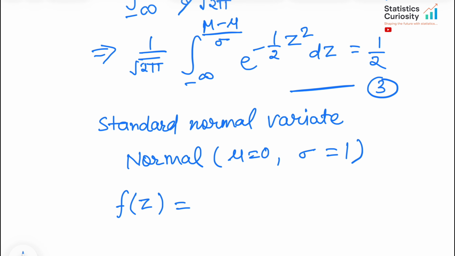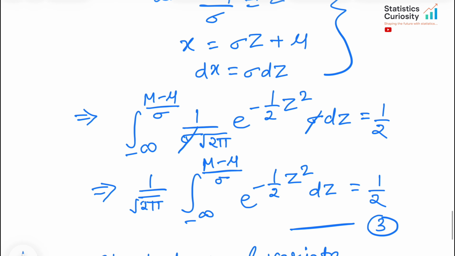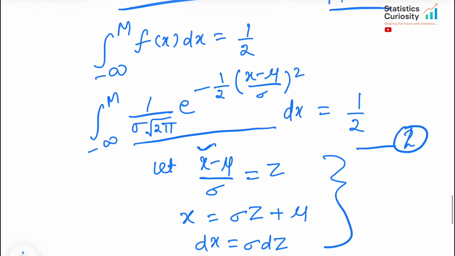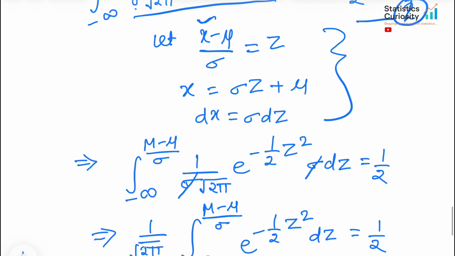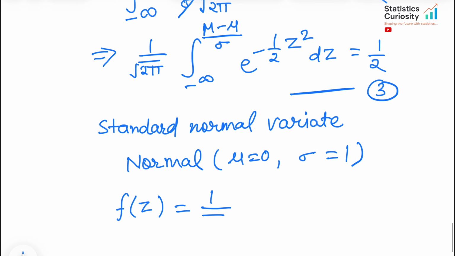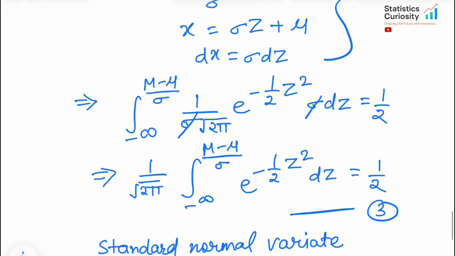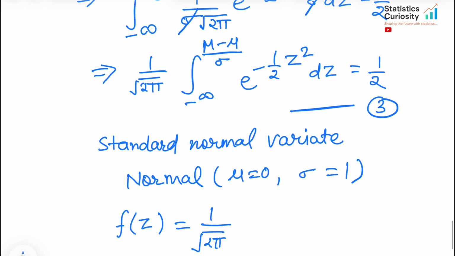Since your PDF is 1 upon sigma root 2 pi e raised to the power minus 1 by 2 (x minus mu upon sigma) whole square, you need to substitute sigma equals to 1, mu equals to 0 and x equals to z. You will get 1 upon root 2 pi e raised to the power minus 1 by 2 z square, since mu will be 0 and sigma will be 1.